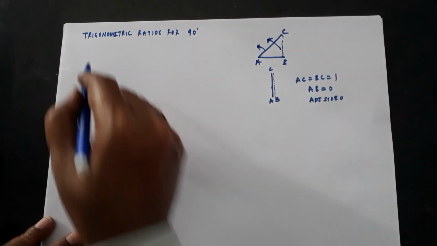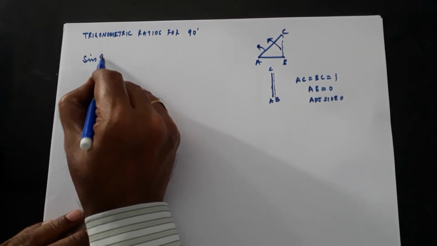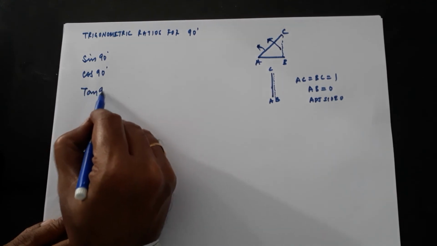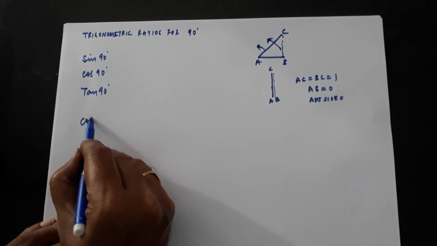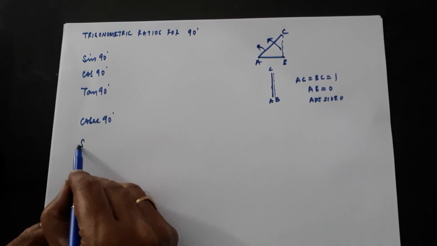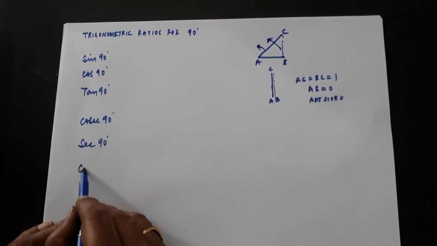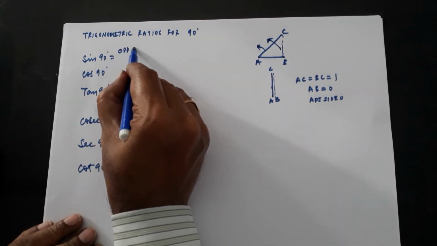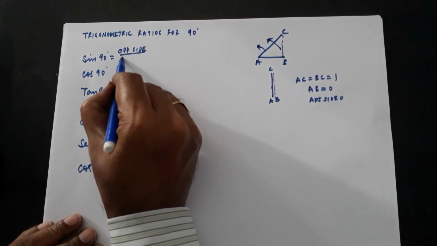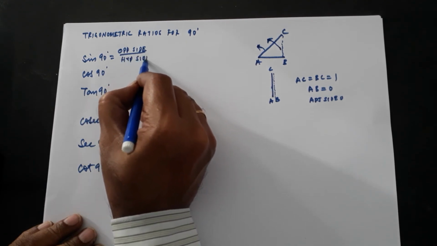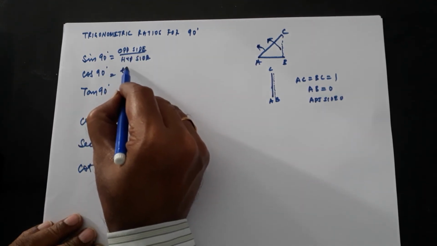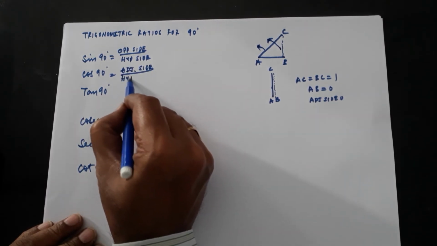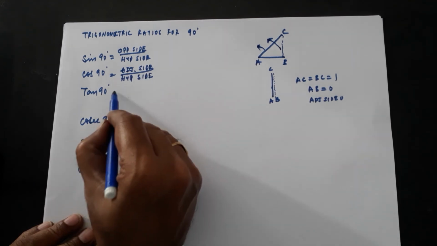Now we can easily write the ratios: sin 90 degrees, cos 90 degrees, tan 90 degrees, cosec 90 degrees, sec 90 degrees, cot 90 degrees. Sin is opposite side by hypotenuse side, cos is adjacent side by hypotenuse side. You should get this by heart.